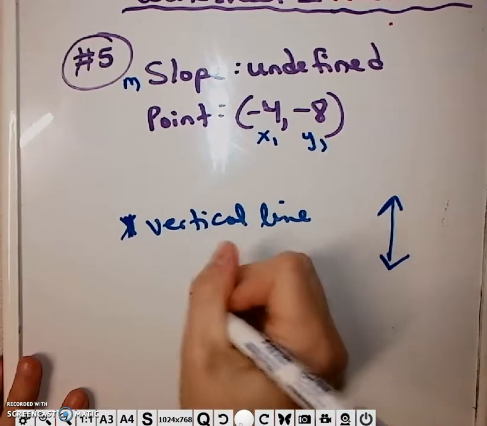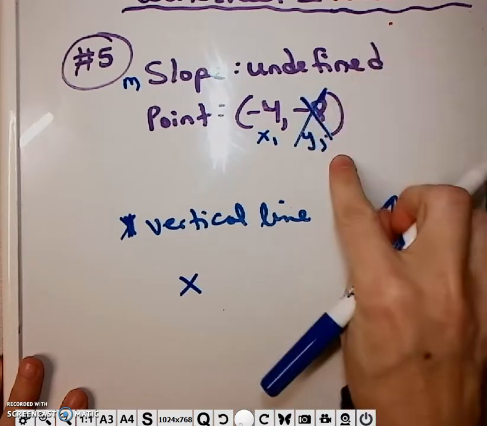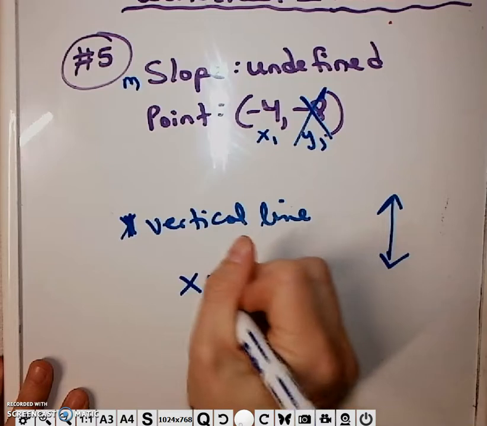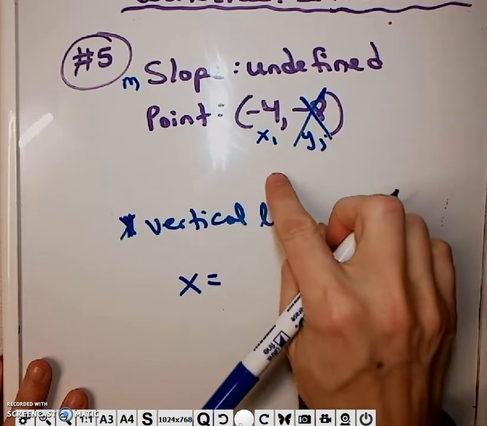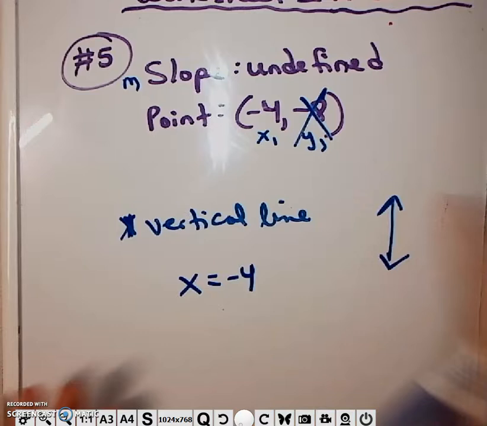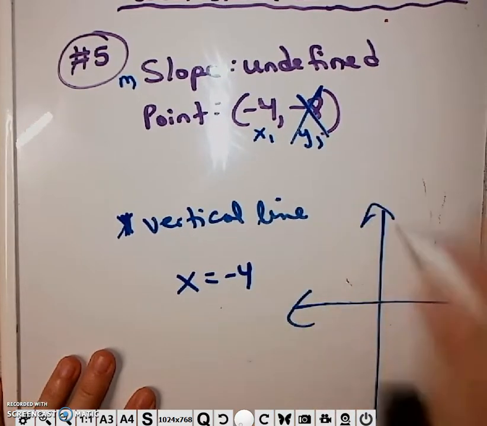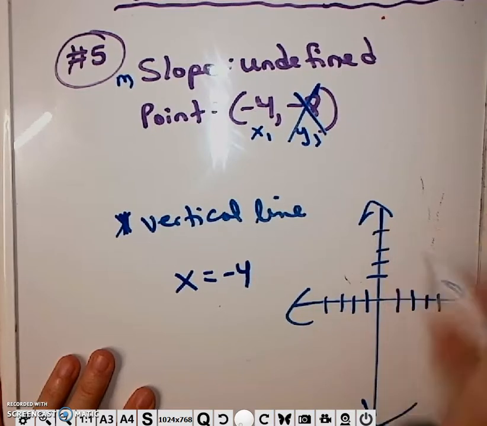All of our vertical lines have what? The y value here doesn't even matter. The vertical line is named by its x value, so no matter where y is on my graph, x is always going to be -4. If this were a coordinate plane, I'm just going to draw it really quick. 1, 2, 3, 4, 1, 2, 3, 4, 1, 2, 3, 4, 1, 2, 3, 4.